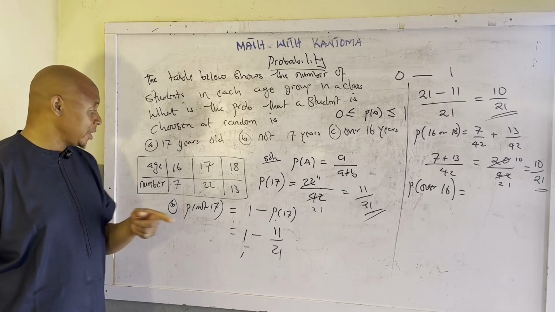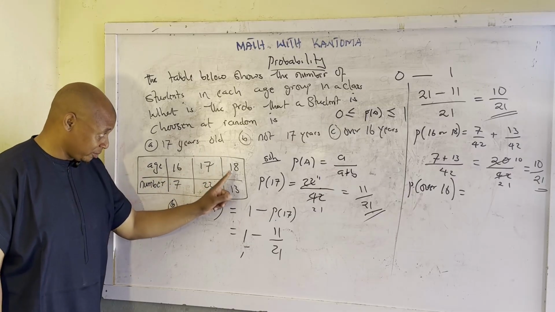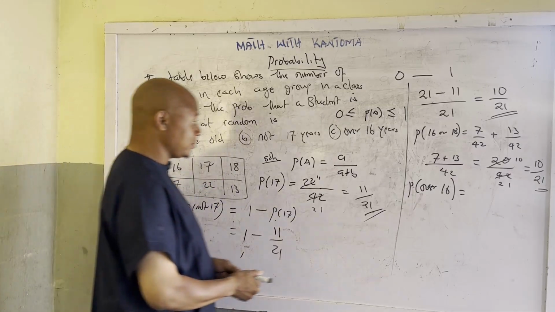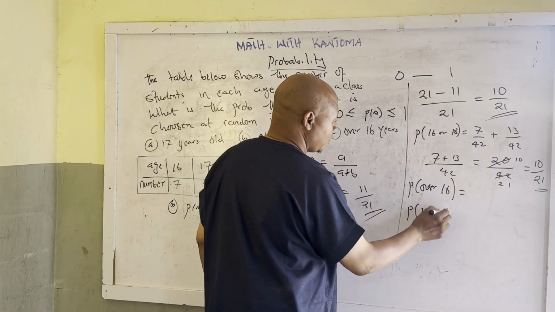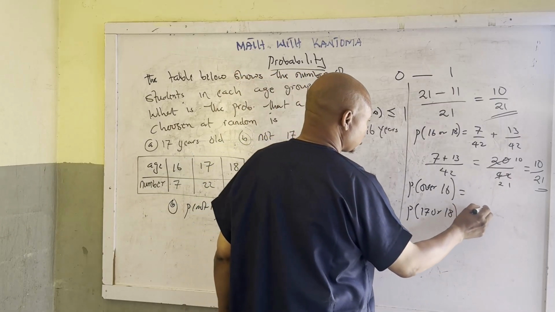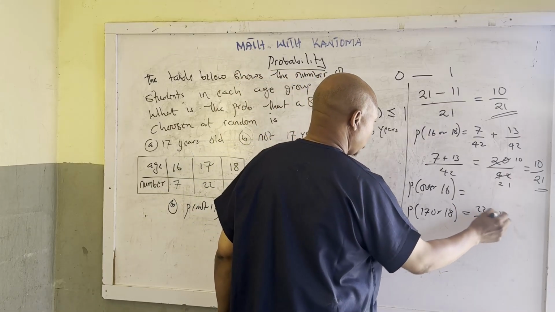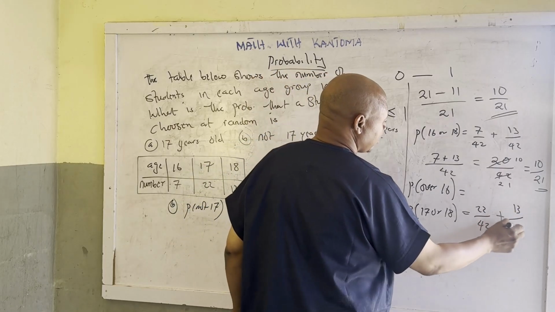So it's either the probability of picking 17 or the probability of picking 18. I'm going to apply the same process here. So this is going to be the probability of either 17 or 18, and the probability of picking 17 is 22 over 42 plus the probability of 18 is 13 over 42.